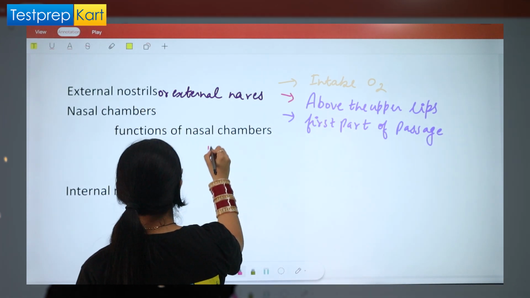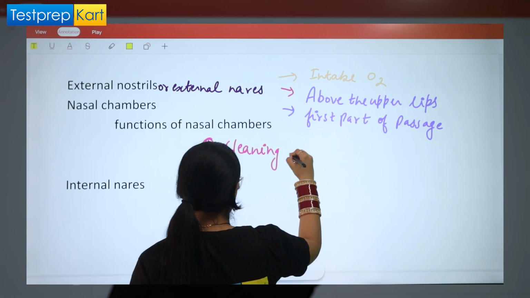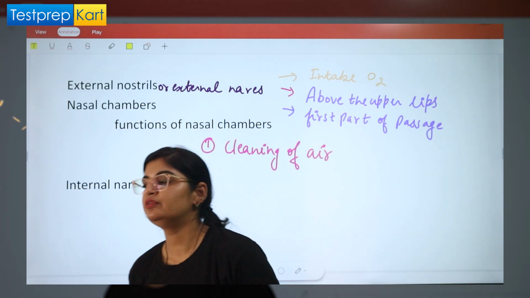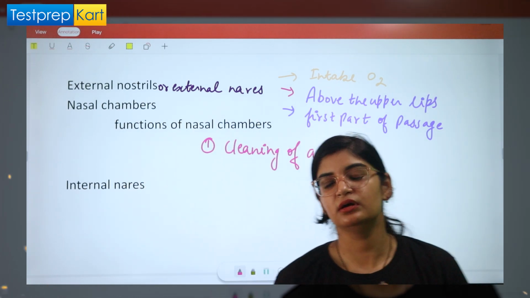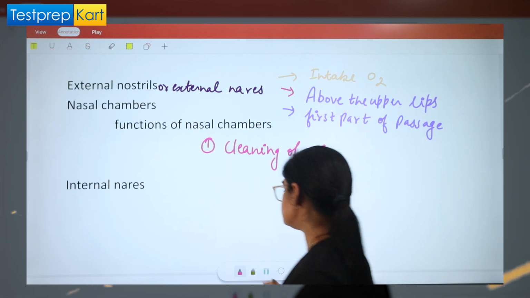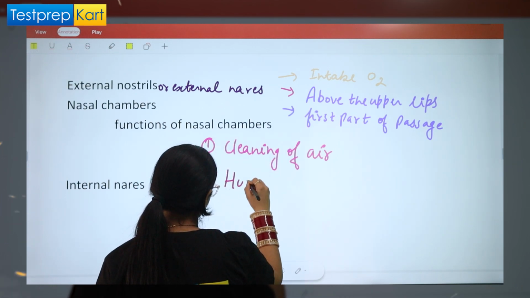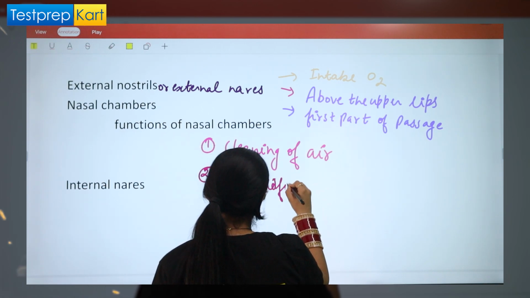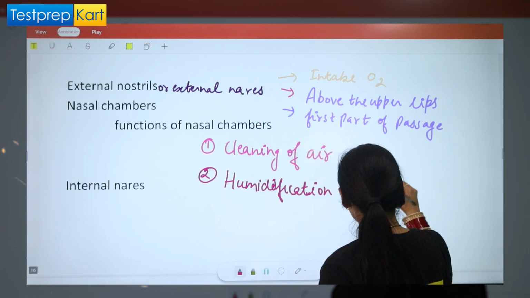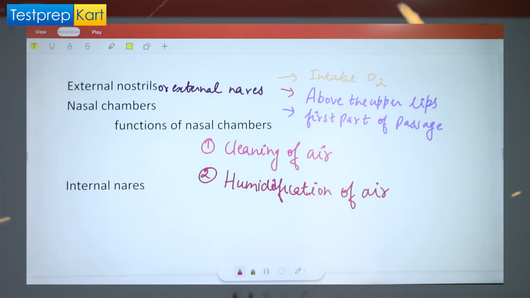So the first function of the nasal chamber is cleaning of air. The air which we have inhaled or inspired is cleaned so that it can be used by our body. The second function performed by the nasal chamber is humidification of air. It makes the air moist and humidified so that it can be used by our body.